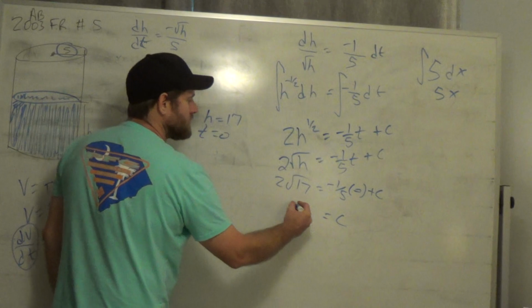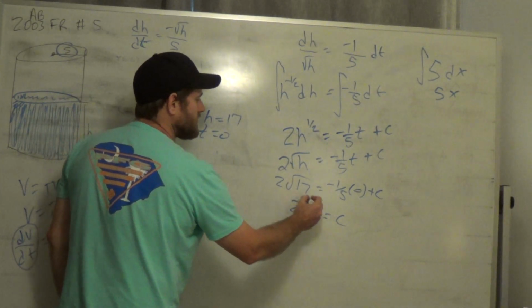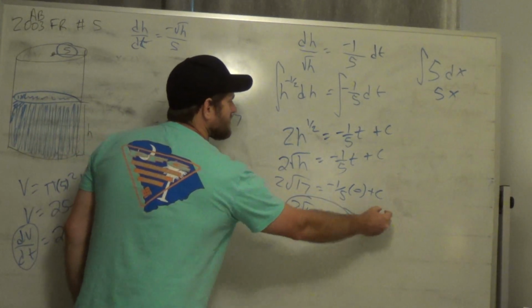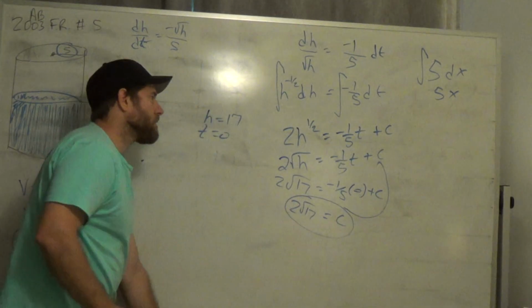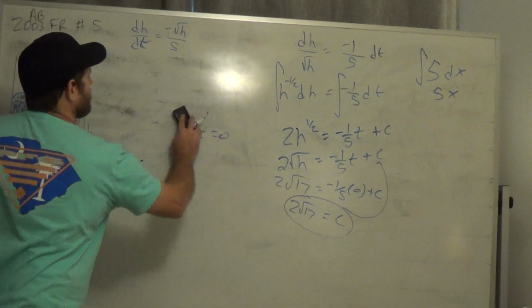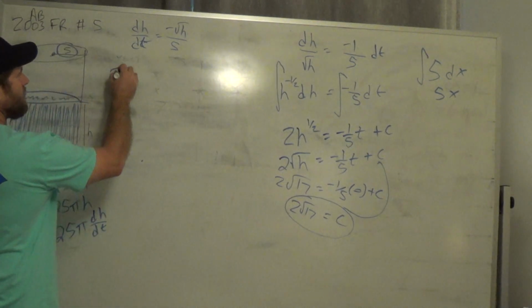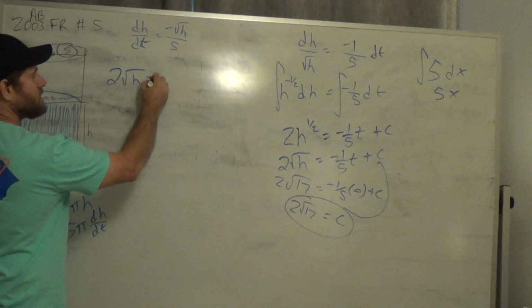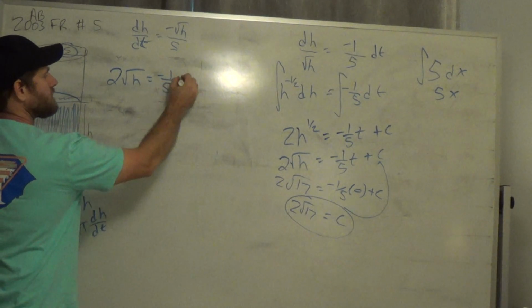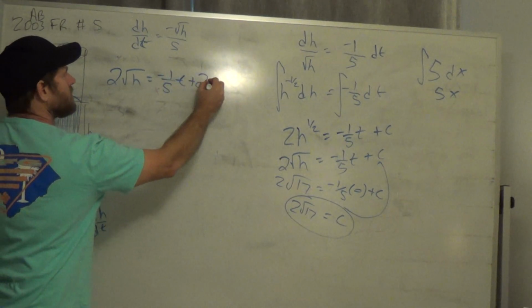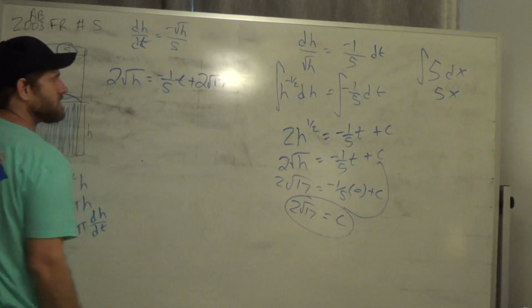And if you solve, you just get c is 2 radical 17. And that's going to go back up to there. So I have 2 radical h equals negative 1/5 t plus 2 radical 17.